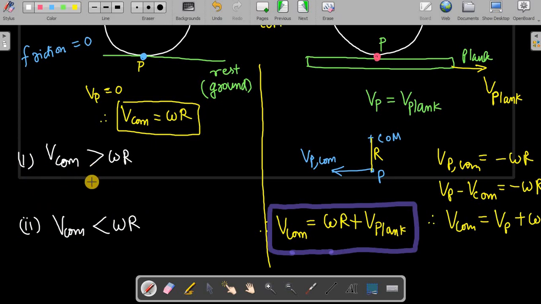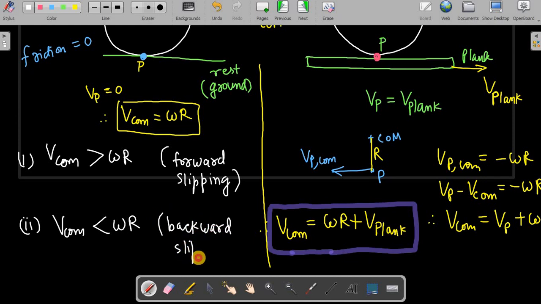But if the velocity of center of mass is greater than omega r, this is called forward slipping. This means it is rolling with slipping. It is not pure rolling. Pure rolling means V center of mass is equal to omega r. But if it is greater than omega r, that is called forward slipping. If V center of mass is less than omega r, that is called backward slipping.